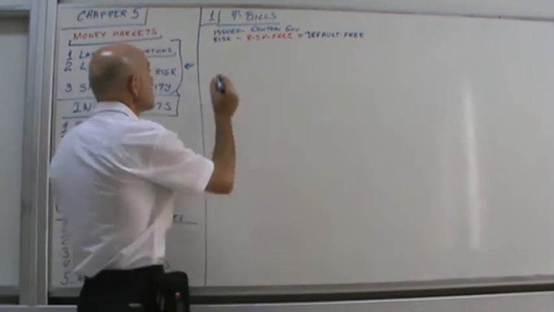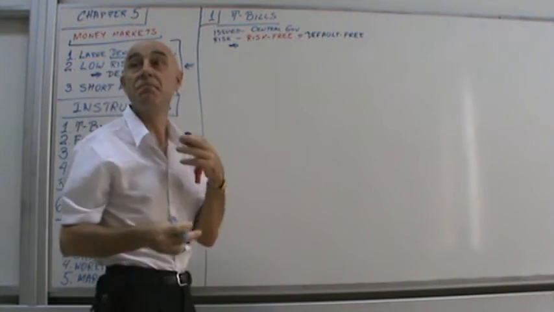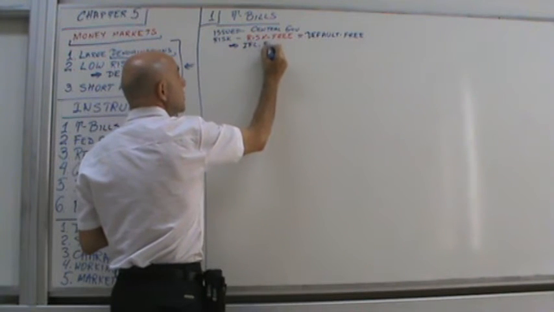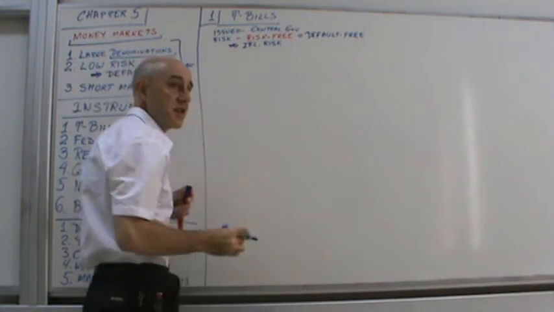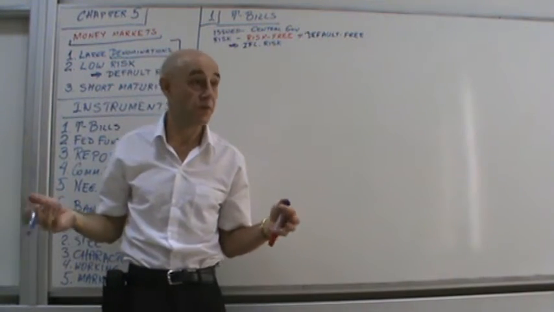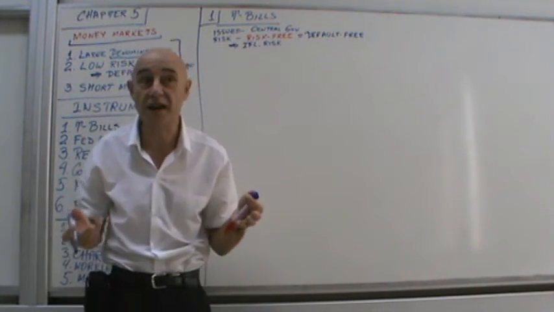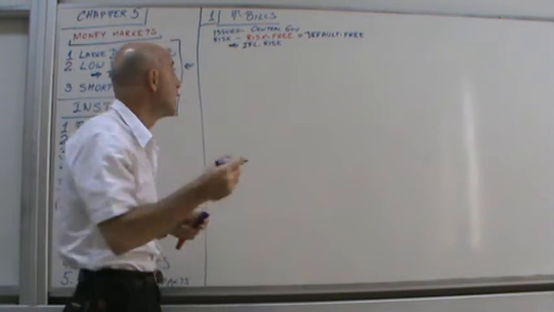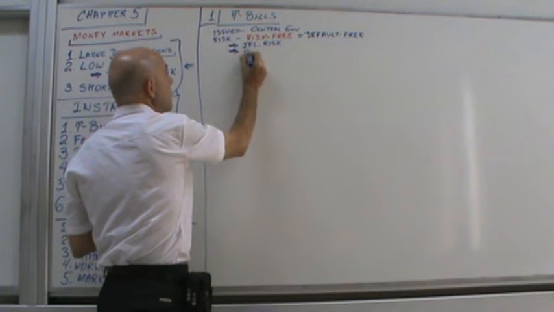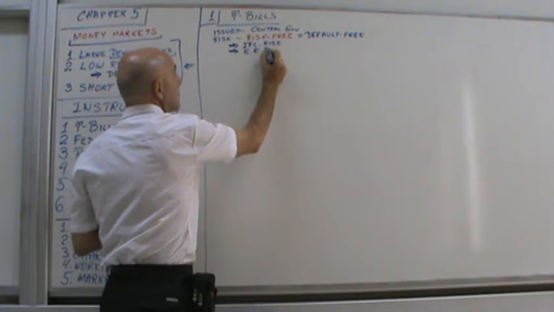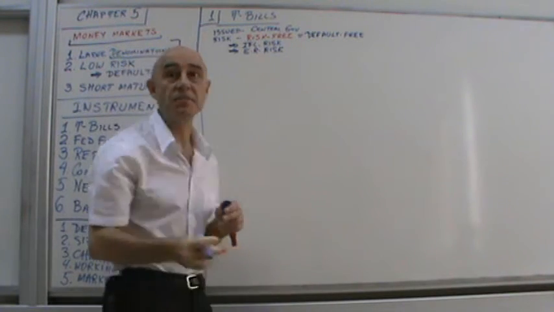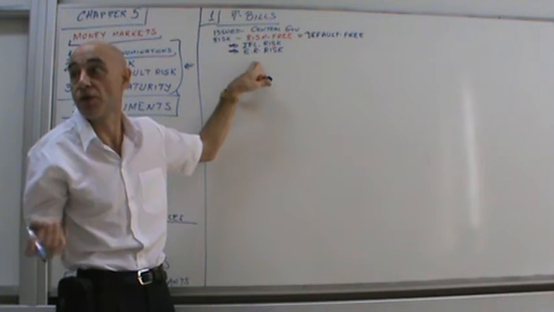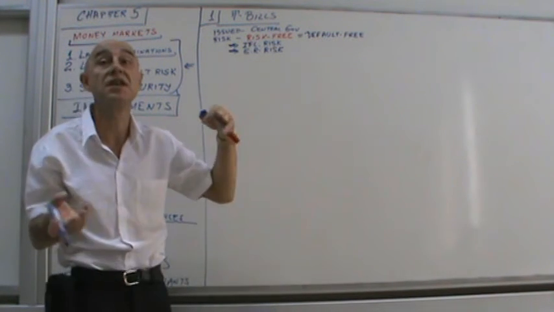But they're still subject to many risks. They're still subject to inflation risk. So you buy the T-bill for 6 months. After 6 months, prices went up. You lost purchasing power. Exchange rate risk: you bought it in a currency, whether it's US dollars or Japanese yen or euro, and the currency fell.